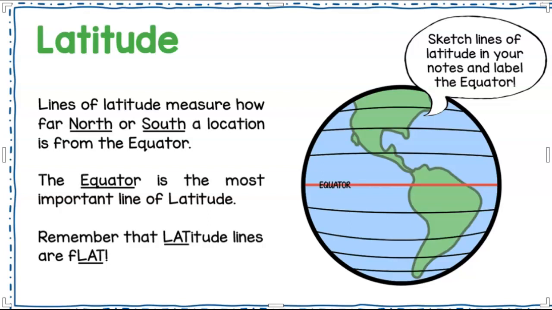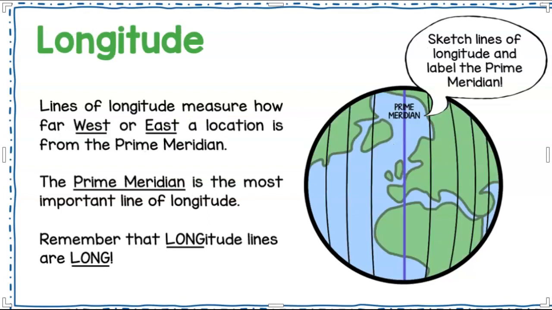All right, you good? Okay. Now the longitude lines, just kind of beating a dead horse once again, divide into east and west. We've got the prime meridian that separates it, and so longitudes are long. Long is longitude.